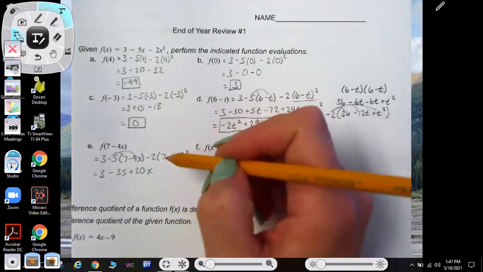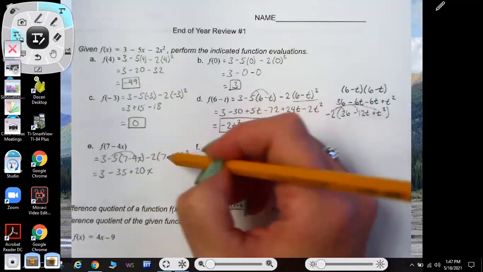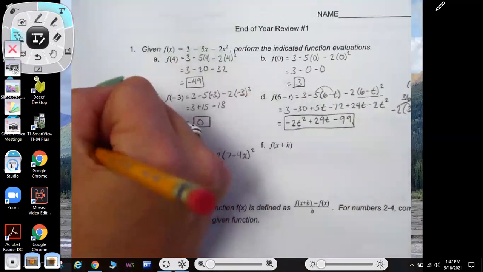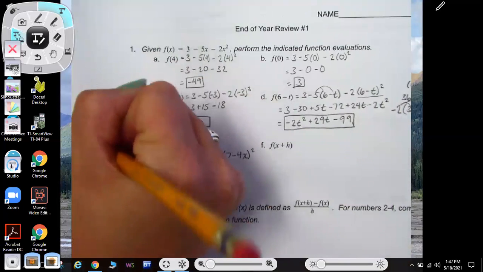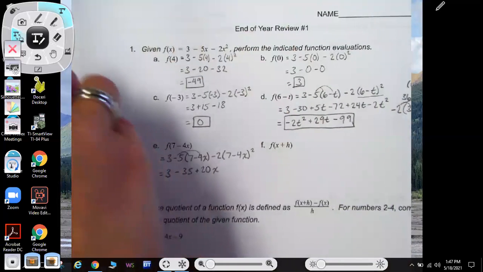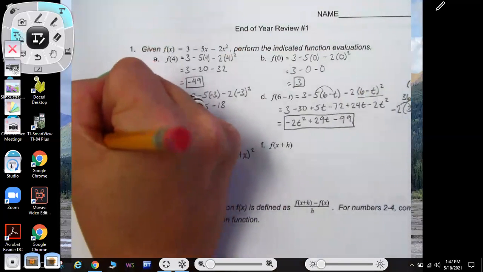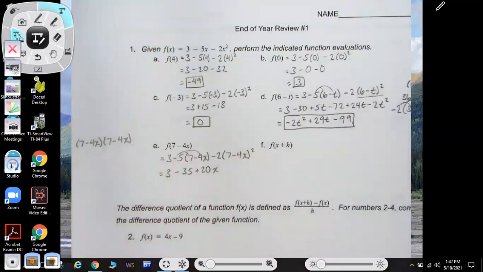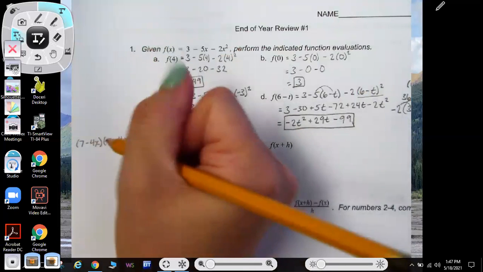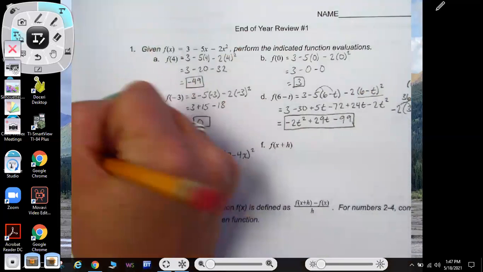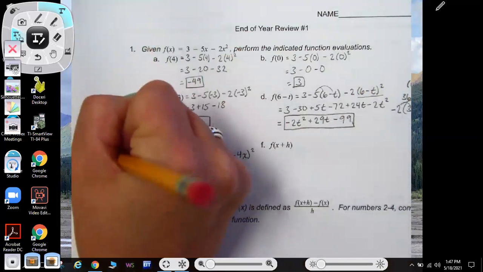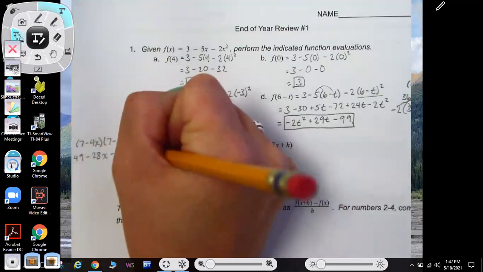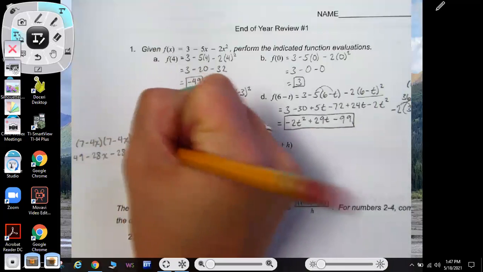Then before we can distribute the negative 2, we need to do 7 minus 4x squared. So I'm going to do that off to the side again. 7 minus 4x squared is 7 minus 4x times 7 minus 4x. So when we multiply here, we get 49 minus 28x minus 28x plus 16x squared.